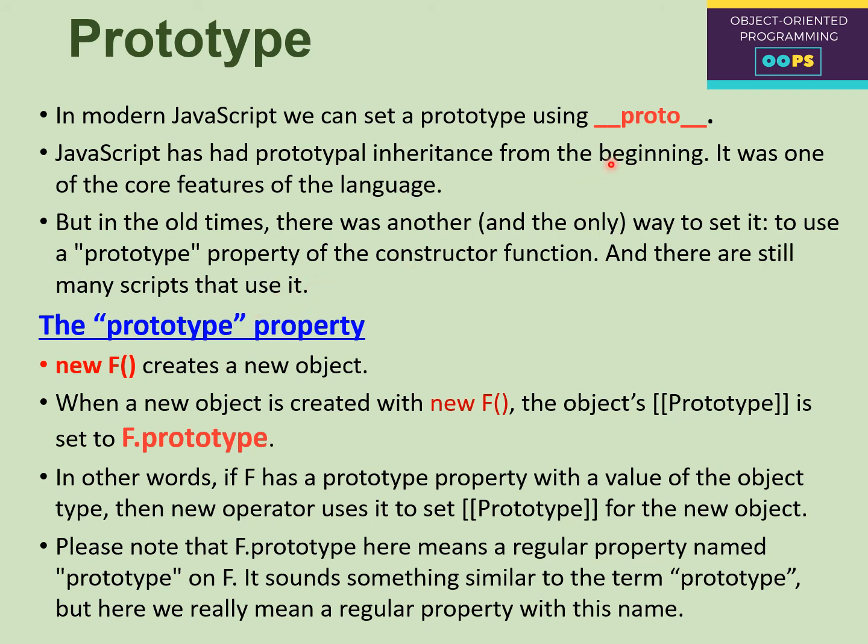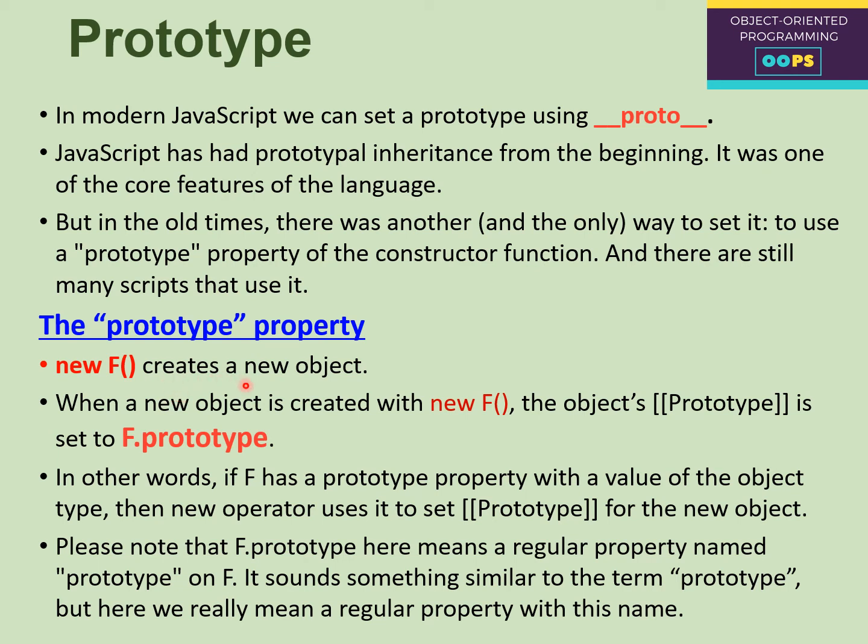But now we have a simple syntax like this: the prototype property, new F. New F means it is trying to create a new object. When a new object is created with the new F function, the object's prototype is set to F.prototype. So this is one of the advancements that are available in JavaScript, new F.